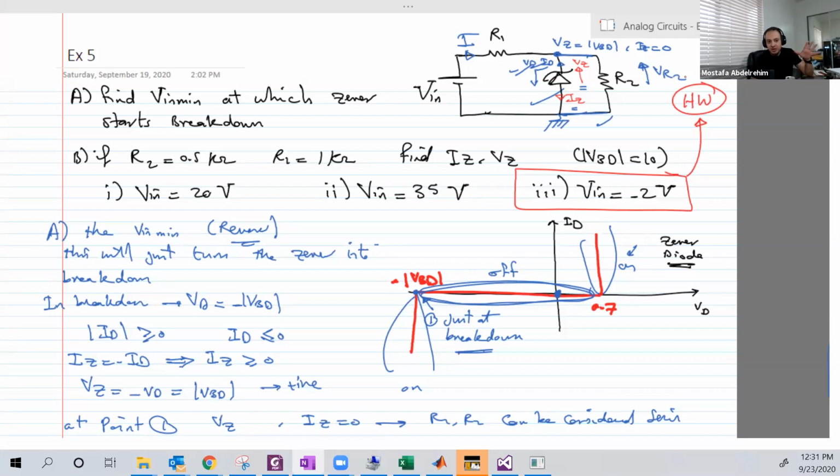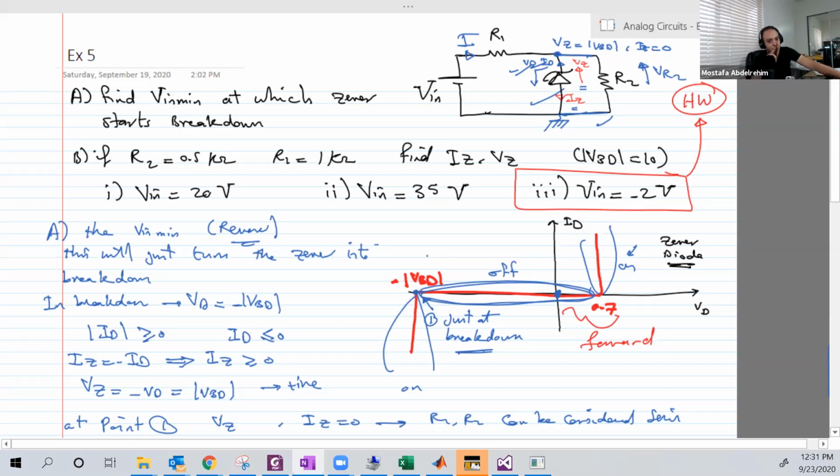The first question is, is this forward or reverse with V input equal to minus 2? Forward, yes, it's not reverse anymore. And in forward, we have a new story here. Since it's forward, we are here. Forget about this, and forget about the input minimum.